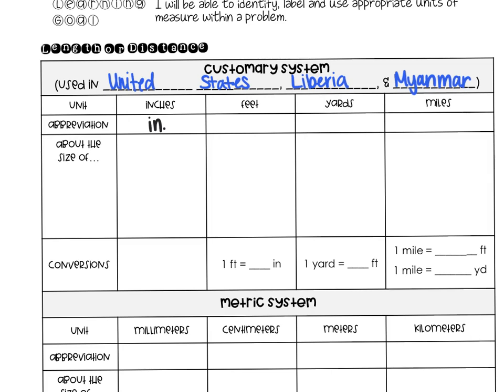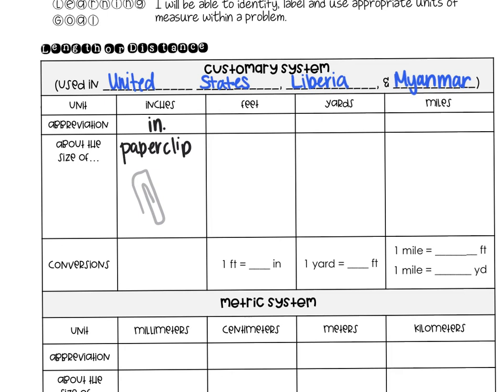I'm going to do this by the size of something, which will help you relate its size to something you're familiar with. For inches, it's about the length of a paper clip, a regular size paper clip, not the jumbos, and I'm just going to draw a little picture of a paper clip.